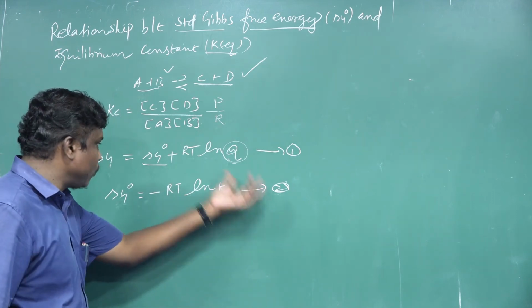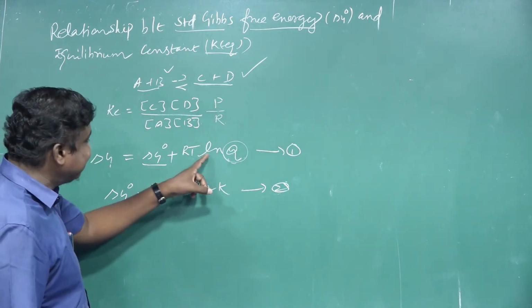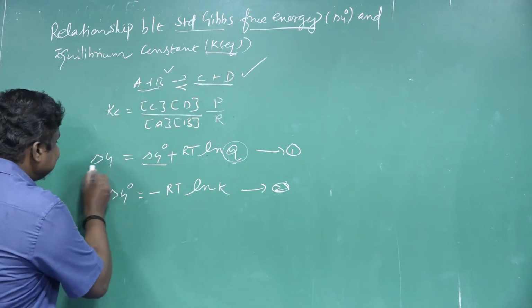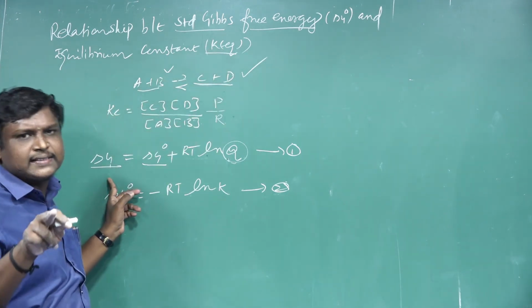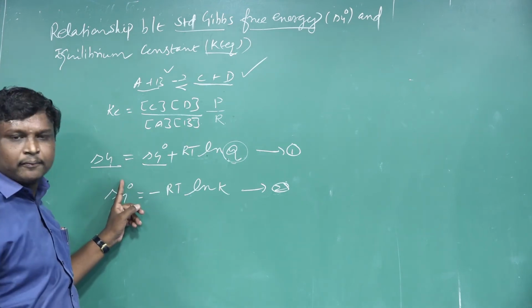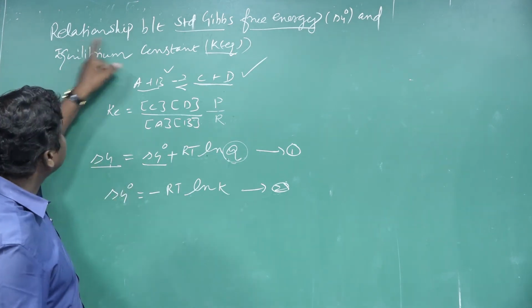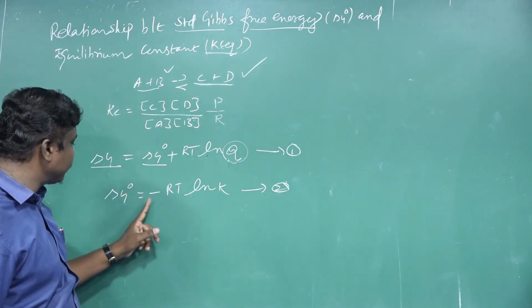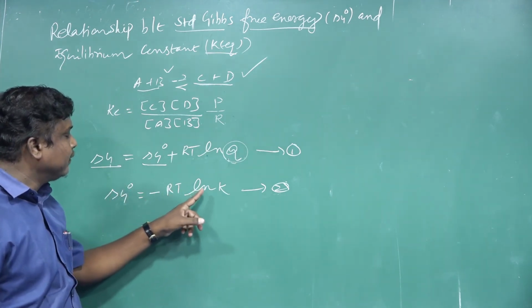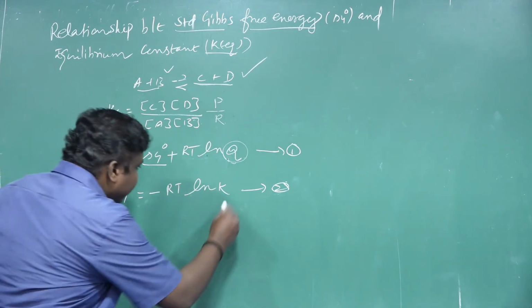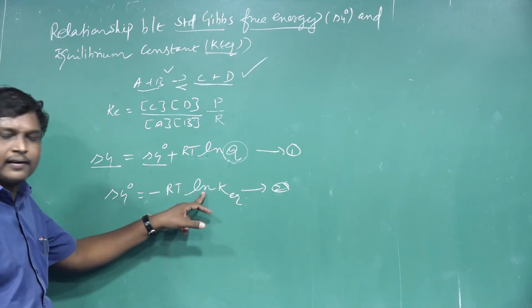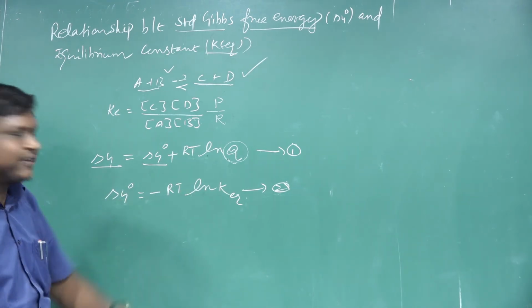Comparing equation 1 and 2, del G is the change in free energy, and del G naught, the standard Gibbs free energy, is equal to minus RT ln K equilibrium. Ln is converted to log by multiplying by 2.303.